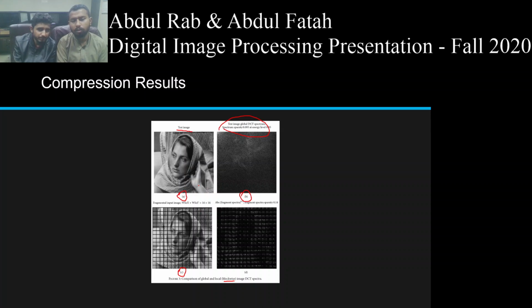Overall, we see that better results are given by the blockwise or local representation, because in global we see that at the corners and borders the results are not good. It is not insensitive to the borders. But with blockwise or local representation, there is sensitivity at the borders as well.